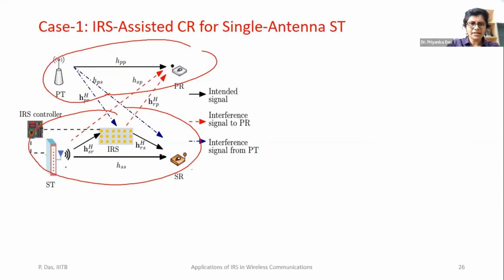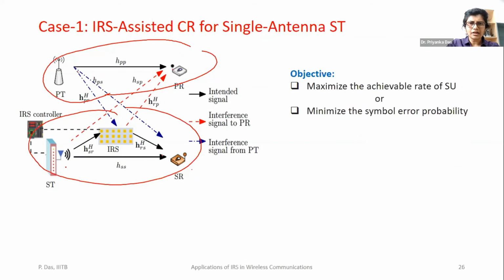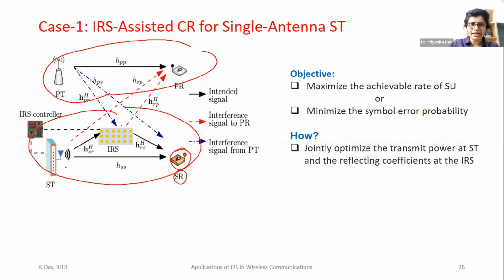Now my problem is to jointly do some optimization such that you maximize your data rate at the SR, the secondary receiver, or minimize the symbol error rate by jointly optimizing the reflecting elements and controlling the power.